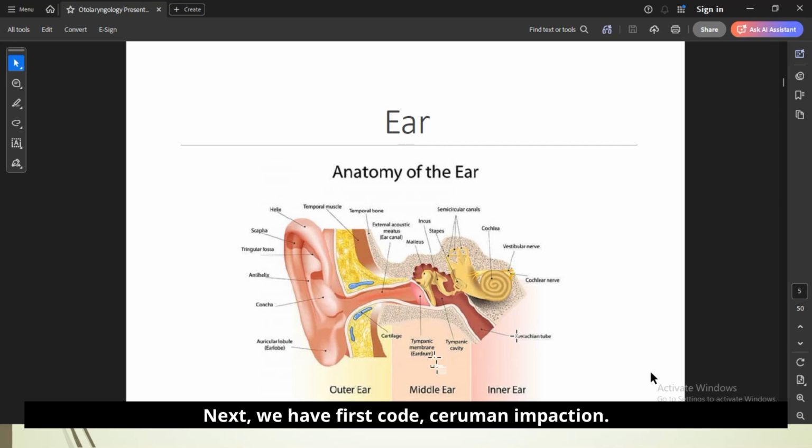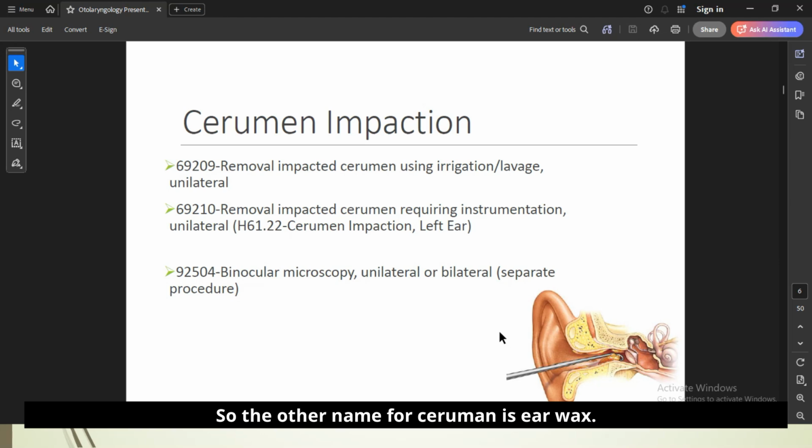Next, we have our first code: cerumen impaction. What is cerumen? The other name for cerumen is earwax. Impaction means blockage of the ear due to cerumen.